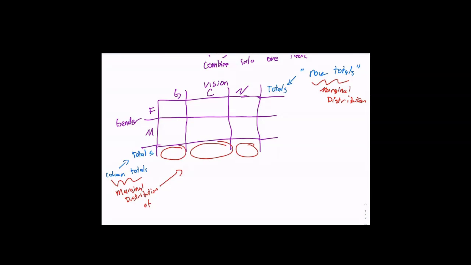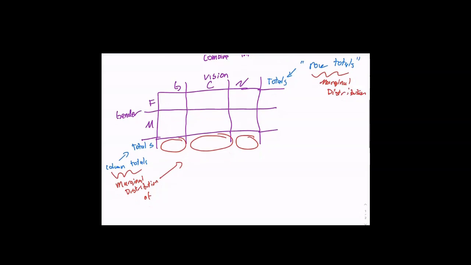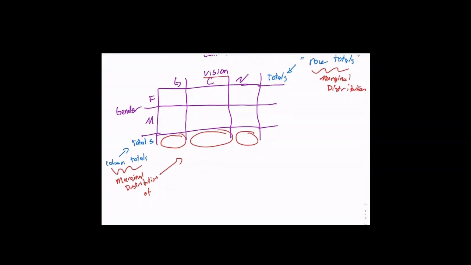Column wise. No, it's actually, well, so opposite. If you go down, it's actually vision, because this first total is for glasses, contacts, and neither, and they all refer to vision.